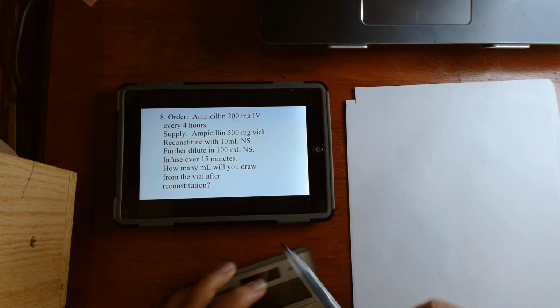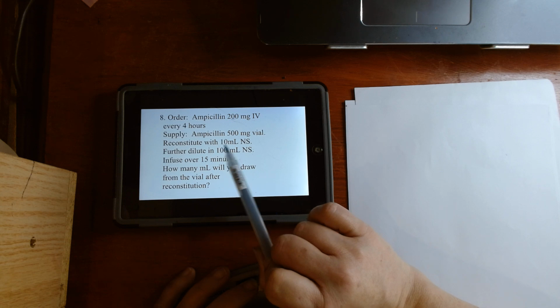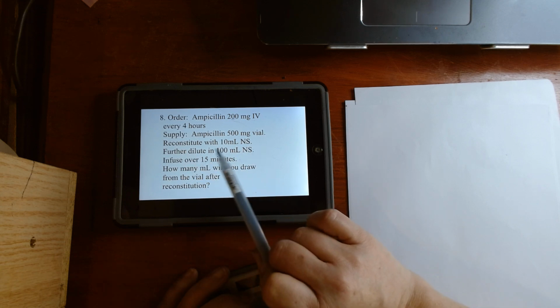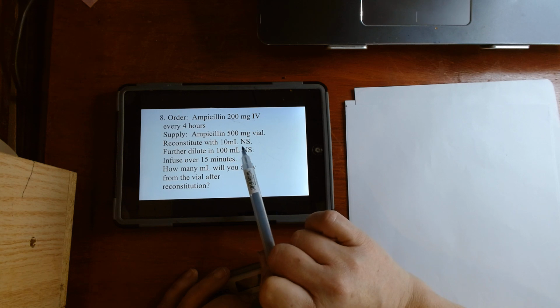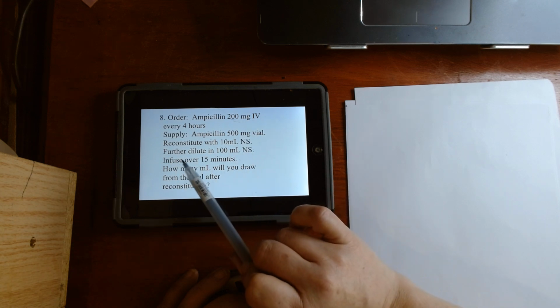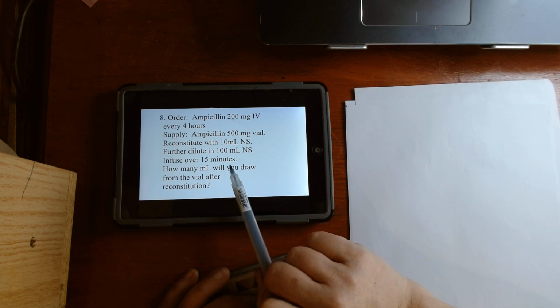The order is for ampicillin 200 milligrams IV every 4 hours. An ampicillin 500 milligram vial is handed to you. You have to reconstitute that with 10 milliliters of normal saline. And then, however much you pull out, you have to further dilute it in 100 milliliters of normal saline and infuse it over 15 minutes.